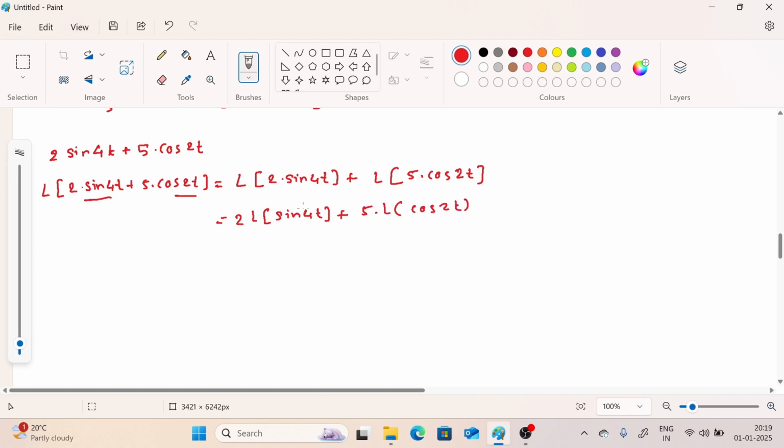Now, what we have? Laplace of sin at is equal to a upon s square plus a square. Laplace of cos at is equal to s upon s square plus a square.